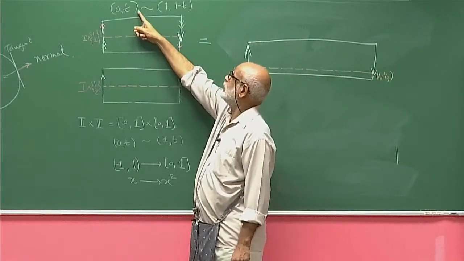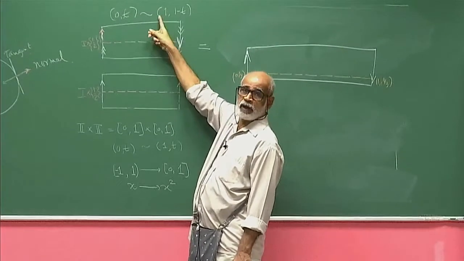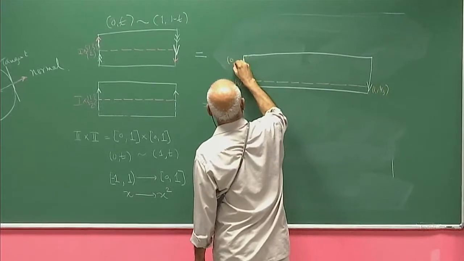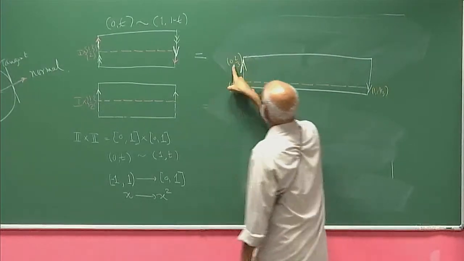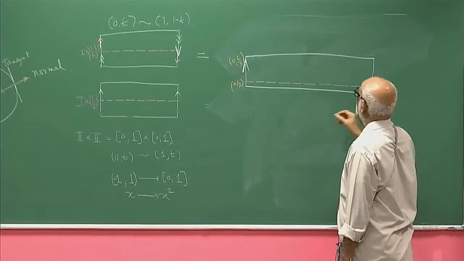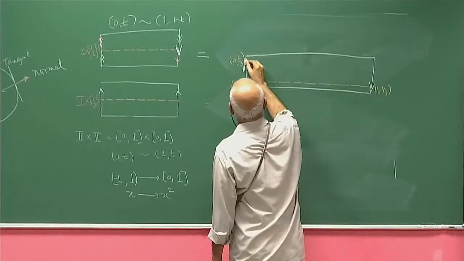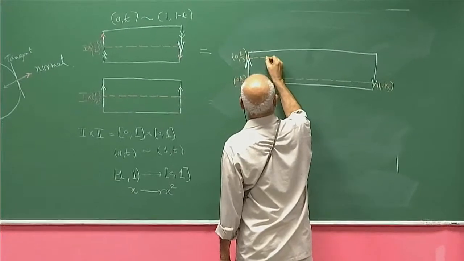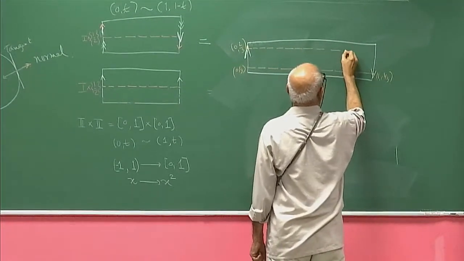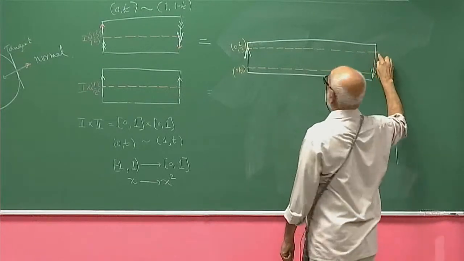(0, t) is identified with (1, 1 minus t). So if I take here (0, 2/3), that would be getting identified with this point. So when I am here, it is the same thing as I am here. So I have to keep going further. And what do I come to here?